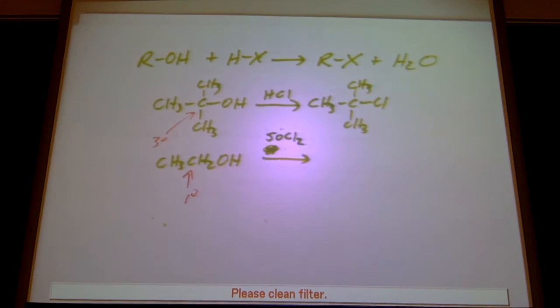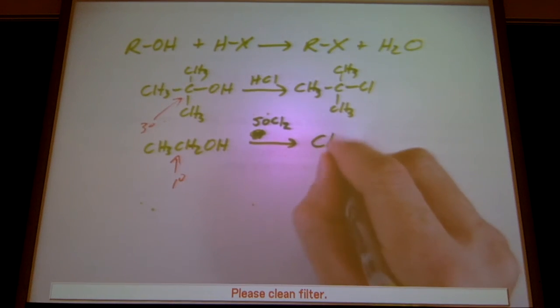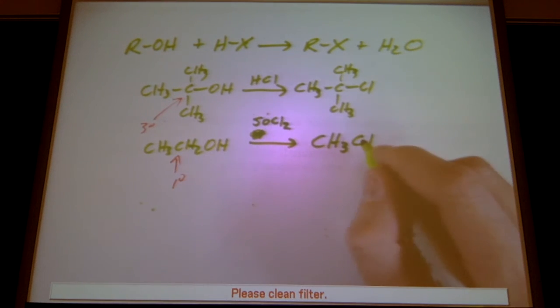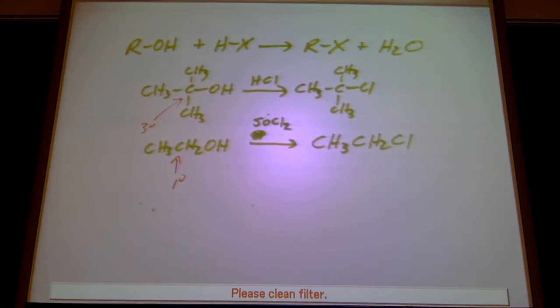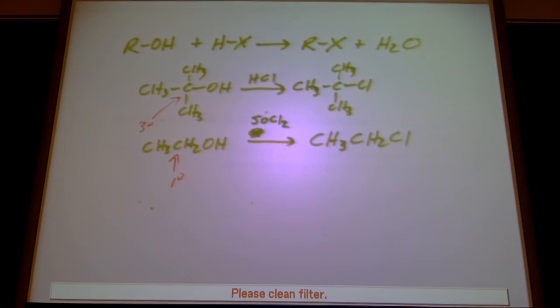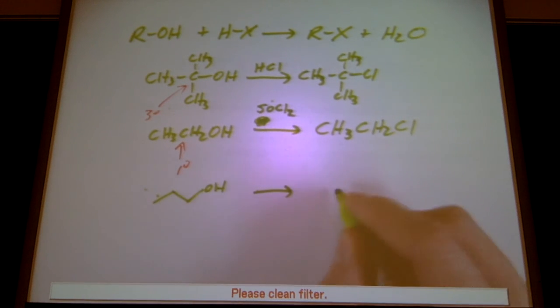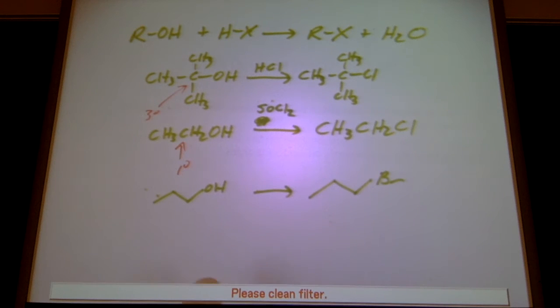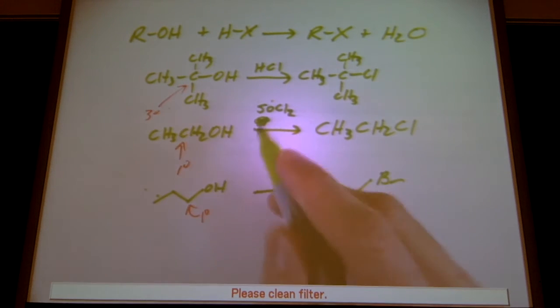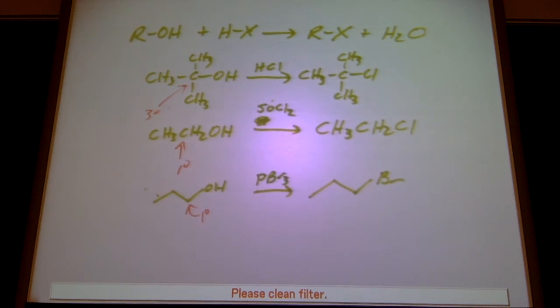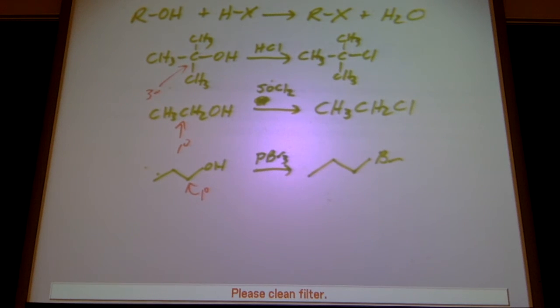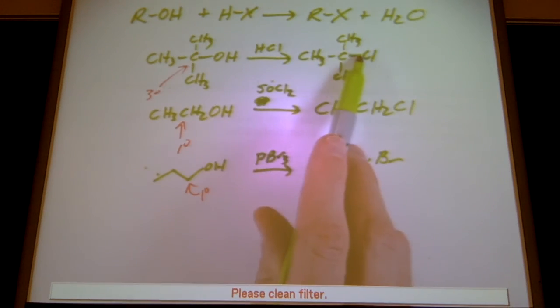So you use what's known as thionyl chloride, SOCl2. It goes through a different mechanism, so it goes faster. Now, if you want to do the same thing with bromine, again, this one's primary. Instead of SOCl2, it's PBr3. If you had the tertiary, you use HBr.